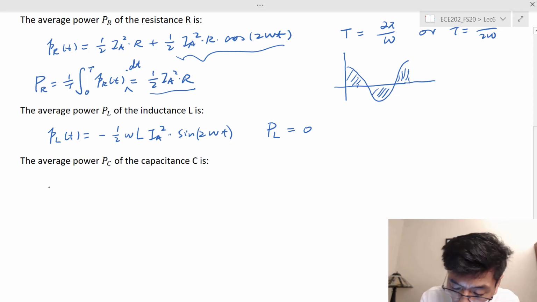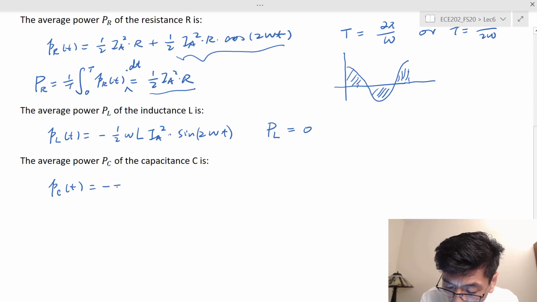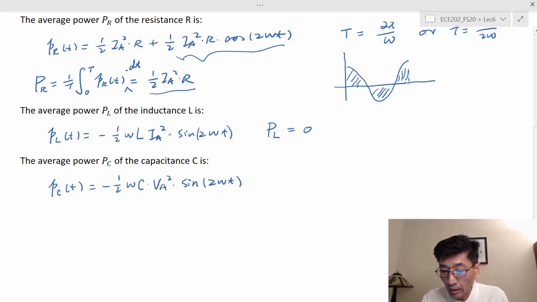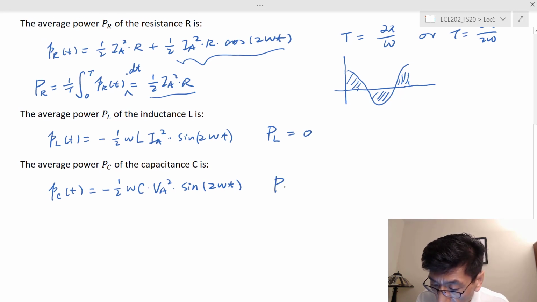I can do a similar thing for the capacitance. For the capacitance we have half omega C times V sub A square times sine 2 omega t. Again, because this is purely AC with no offset or DC component, P sub C, the average power absorbed by the capacitance, is 0.